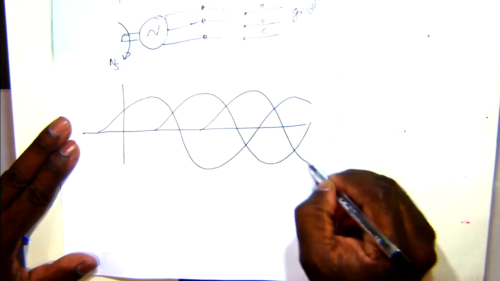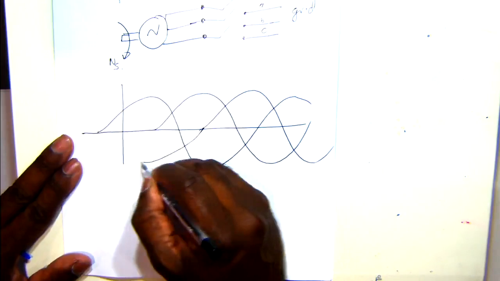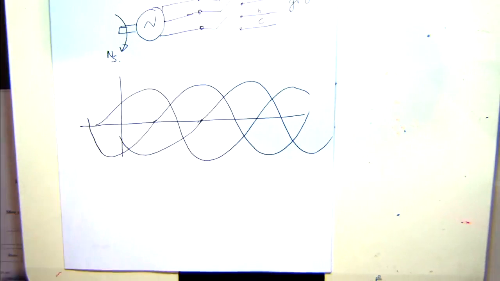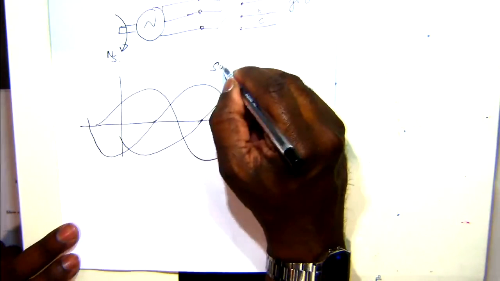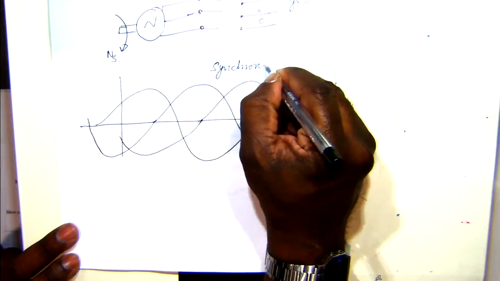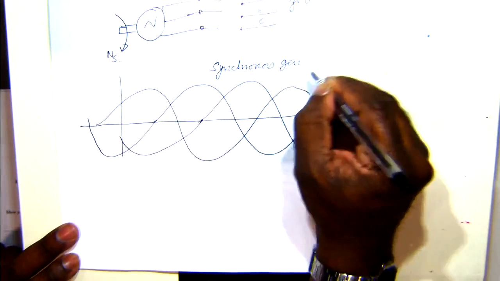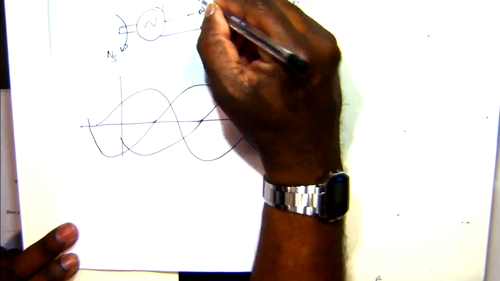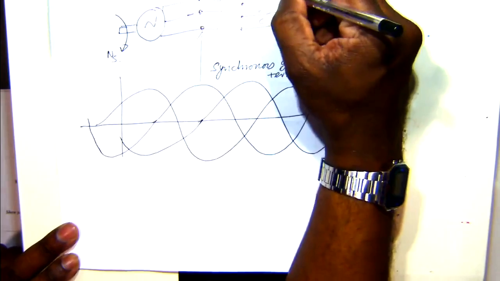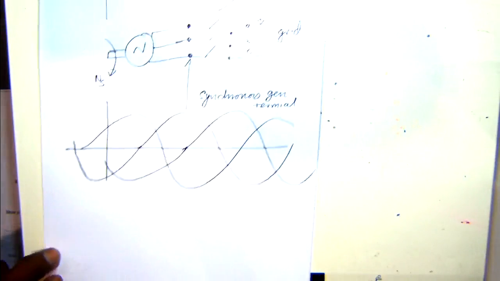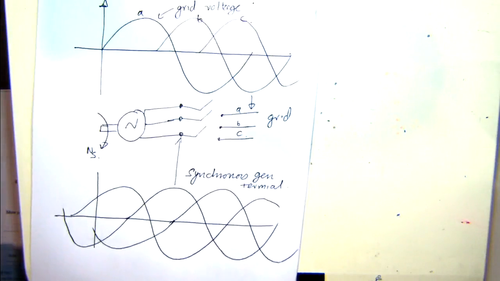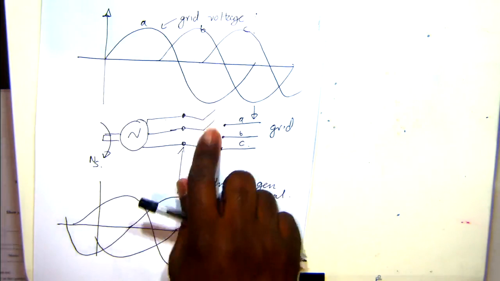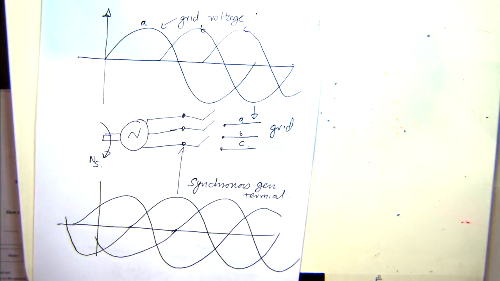This is the synchronous generator terminal voltage, that's the voltage at this point, and this is the voltages at the grid side. In order to turn this breaker on, that's called connecting it to the grid, you need to synchronize the machine to the grid.